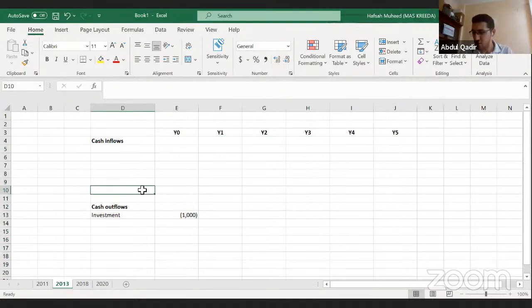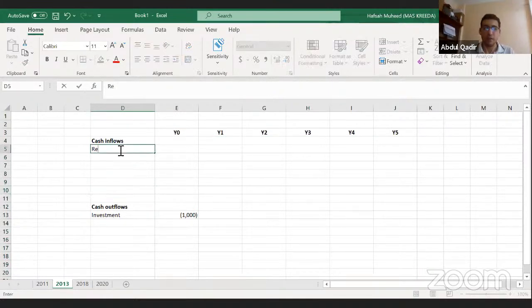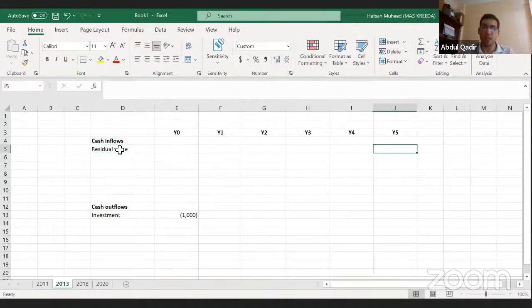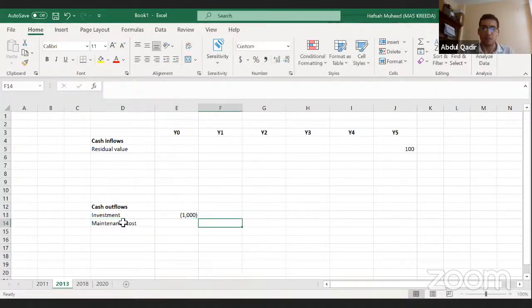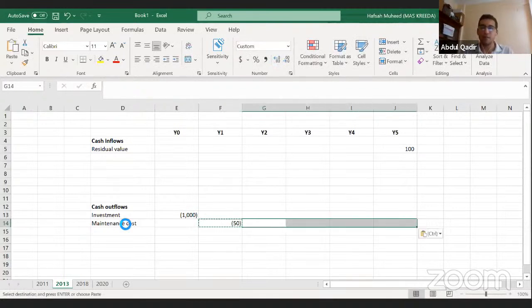Residual value 100,000, that is an inflow, because if you sell the machine, you can get 100,000. Next one, annual maintenance cost 50,000. So I will say maintenance cost 50,000 is the cost, so minus 50, and that will be there for 5 years.